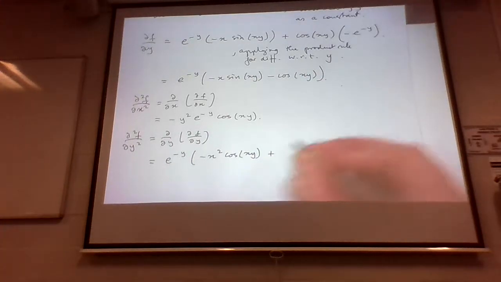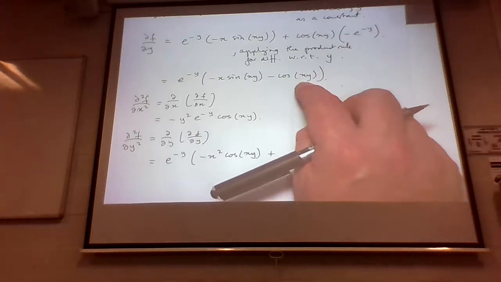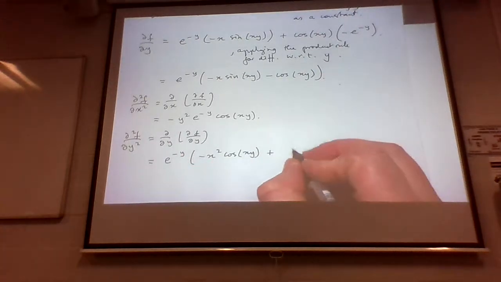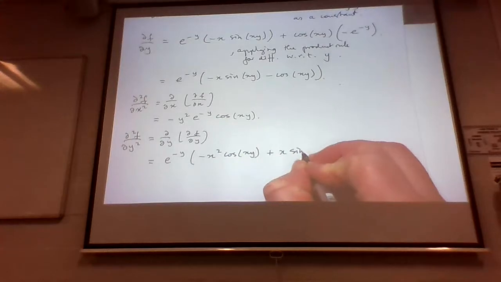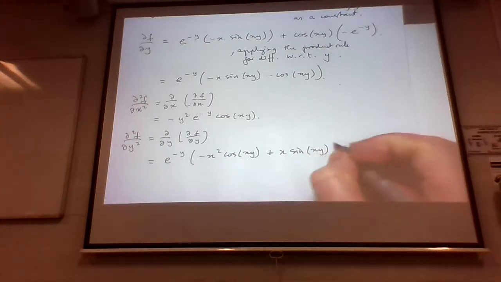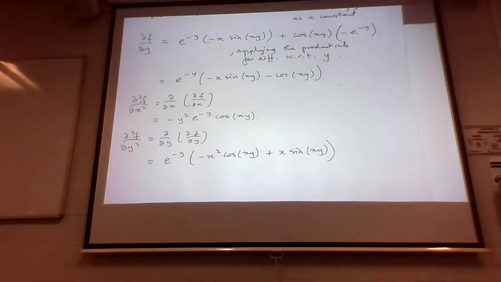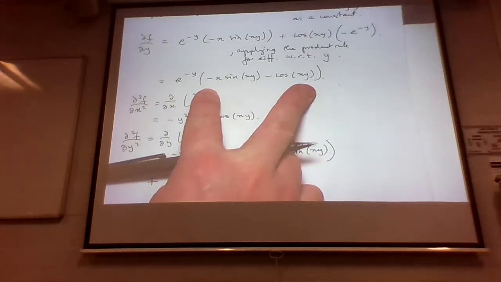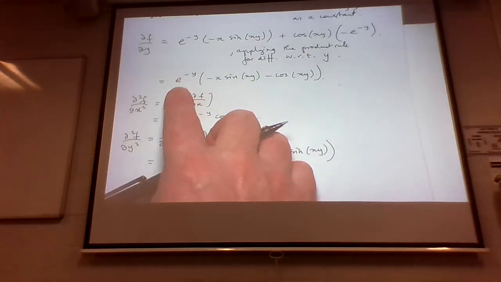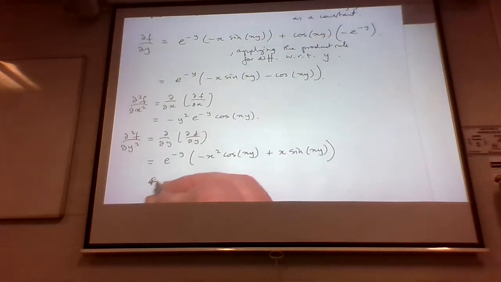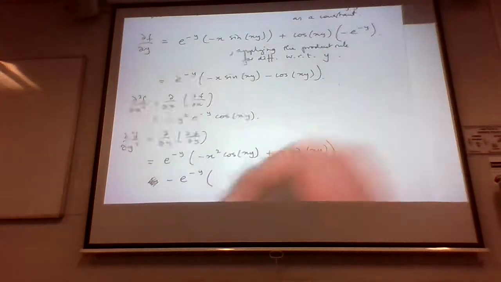And we get an extra factor of x, because we're still differentiating with respect to y. So this is plus x sine of x times y. Plus what we get when we keep the bracket the same and differentiate the first factor. When we differentiate the first factor, we get minus e to the minus y, and then the bracket is the same.